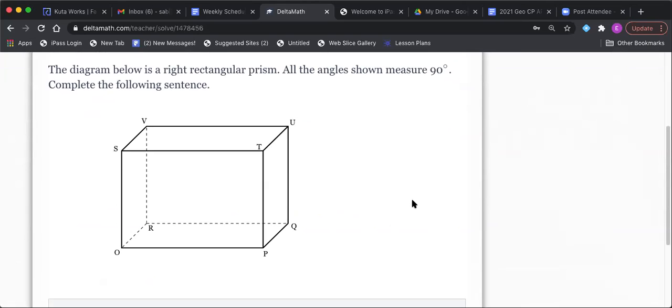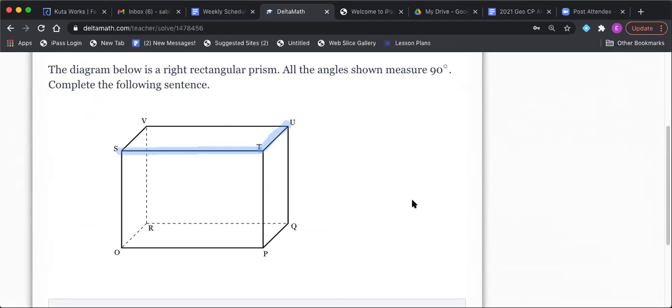Let's see who gets to go next. Ryan, this one's yours. Tell me, Ryan, where do lines ST and UT intersect?